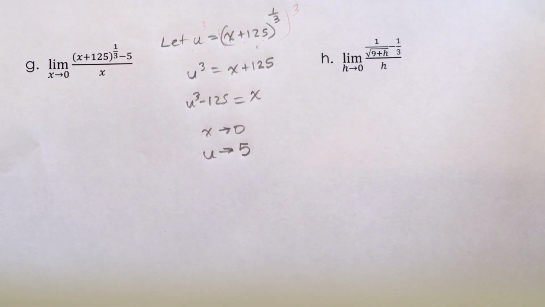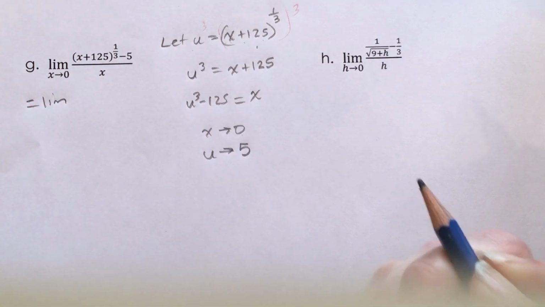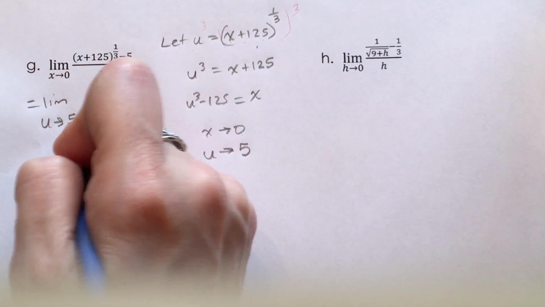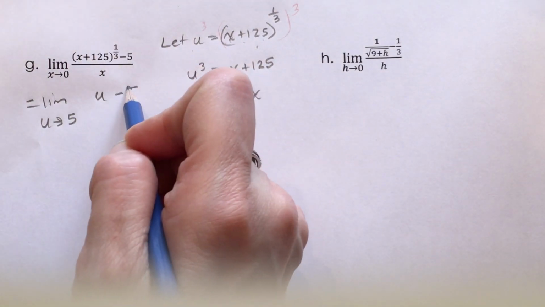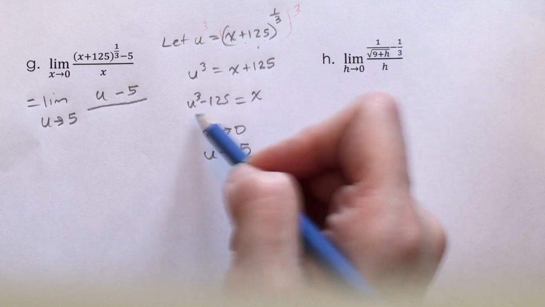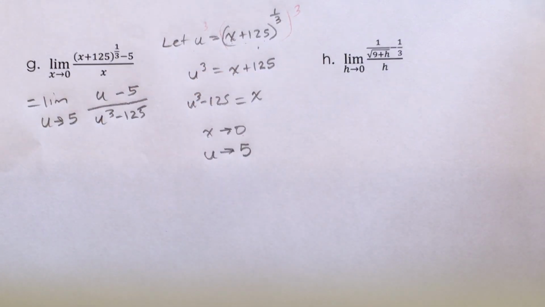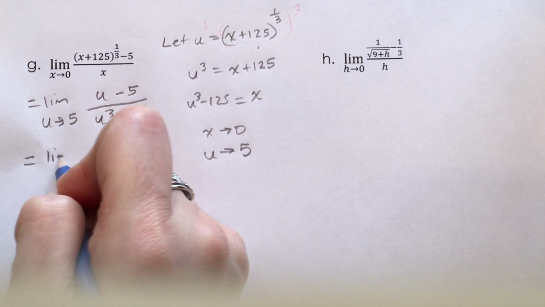So now we're ready to change over our limit. So we've got the limit as u approaches 5 of u minus 5 over u cubed minus 125. So now after the change of variable, it becomes a difference of cubes question.